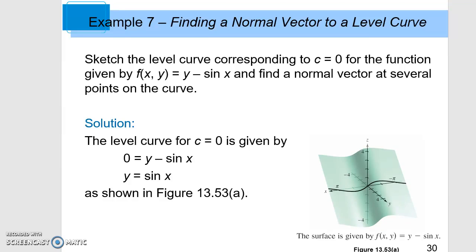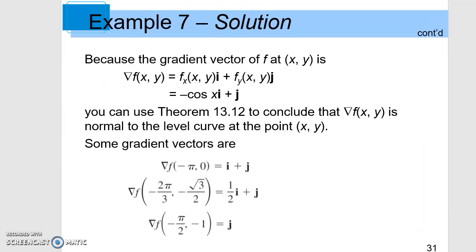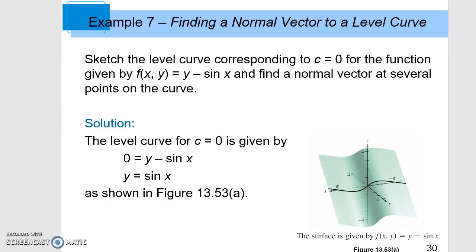So if we have to find the normal vector to a level curve, the best thing to do is find the gradient. Here is a function of two variables given by f of x, y equals y minus sine x.